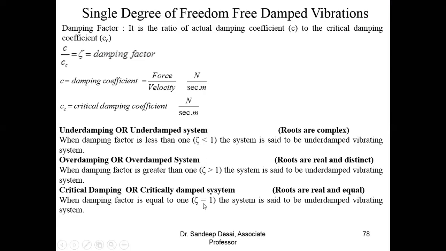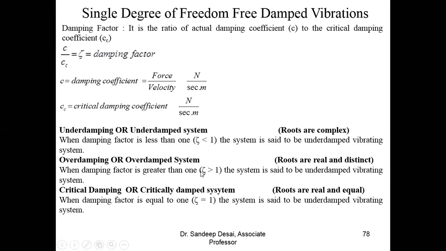How? Let's see here. For critical damping, zeta is equal to 1. Zeta equal to 1 means C is equal to Cc. For an underdamped system, C is less than Cc, zeta is less than 1. For an overdamped system, C is greater than Cc, zeta is greater than 1.